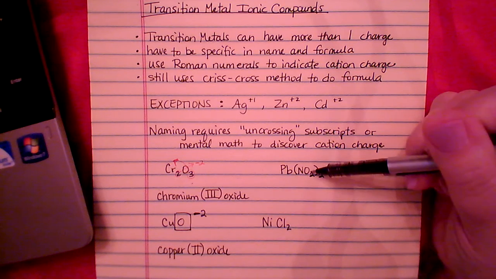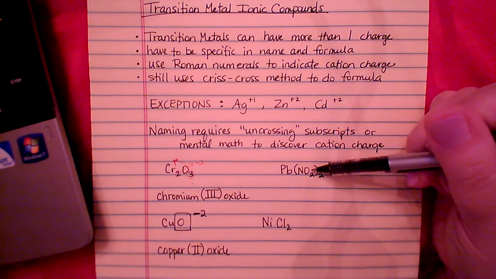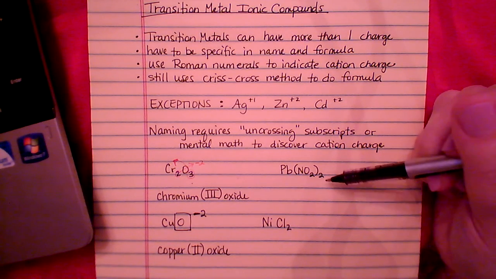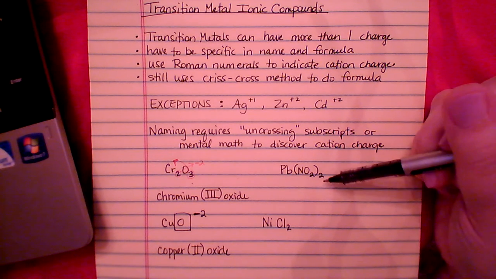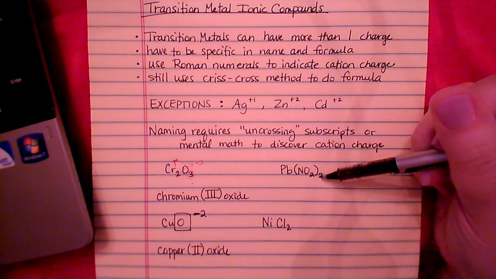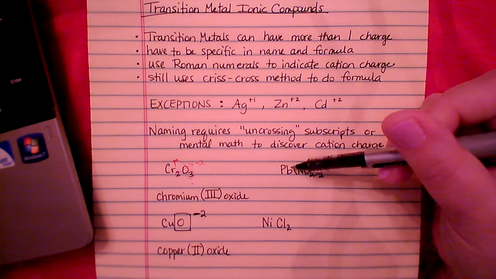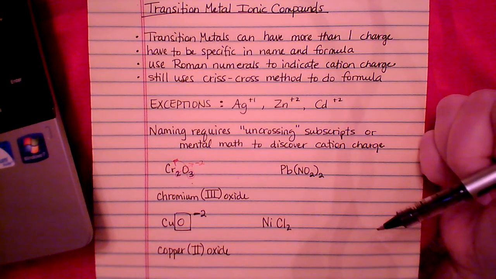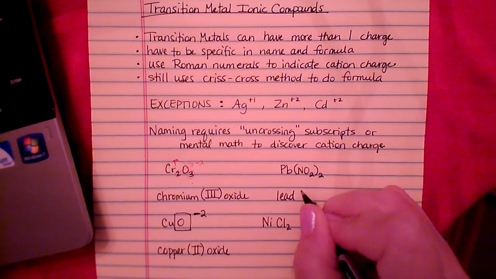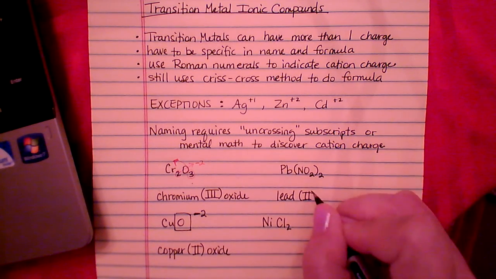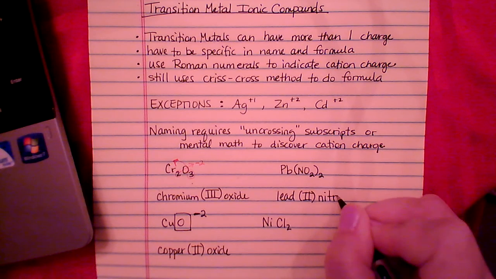In this situation, nitrite is a -1 charge, and I needed 2 -1s. That's what the parentheses 2 there means. So if I have a total charge of -2, what did the charge on the lead have to be? Equal and opposite. So this would be lead, Roman numeral 2, nitrite.